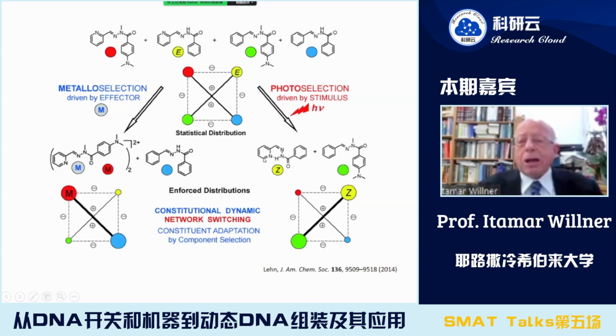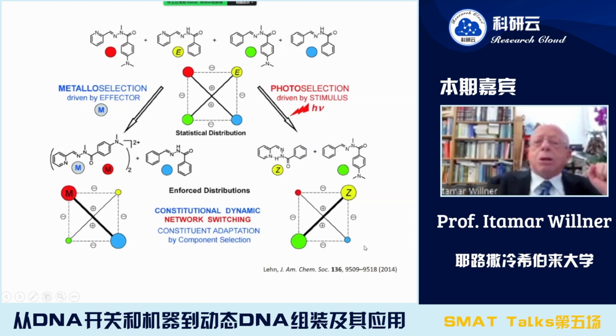If it is stabilized by hydrogen bonds, the green constituent will be upregulated together with the yellow that does not share components, and the 2 constituents, the red and blue, that share components with the green one, will be downregulated. So this is an example of how a network adapts itself to an external signal, metal ions or light or any other.